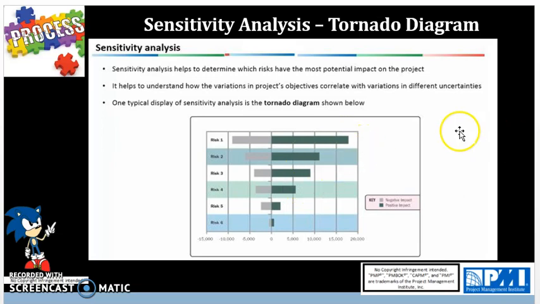That is why we're using a sensitivity analysis diagram, which helps us to determine which risks have the most potential impact on the project. It also helps us to understand how the variations in the project's objectives correlate with variations in different uncertainties. So this is how we're doing it. We're going to focus on the ones that give us the most value, and the things that have more positive value are the ones we're going to go after.